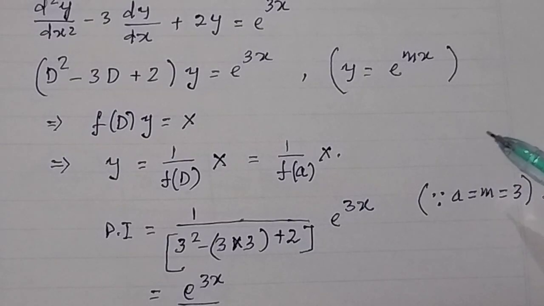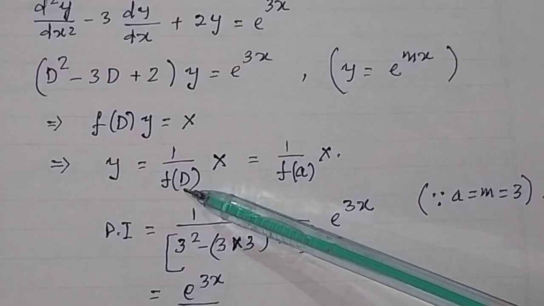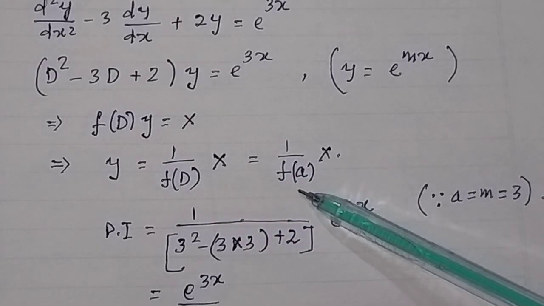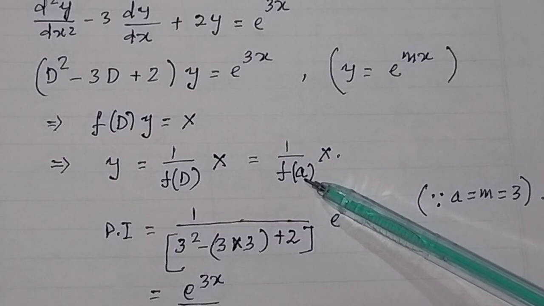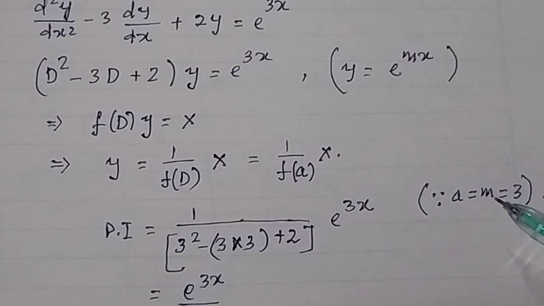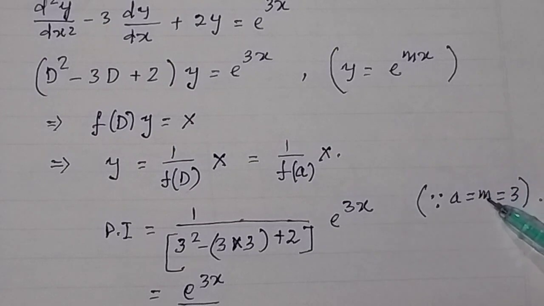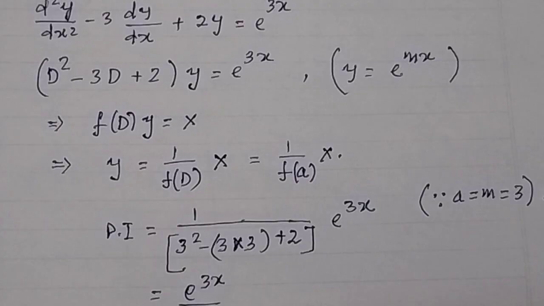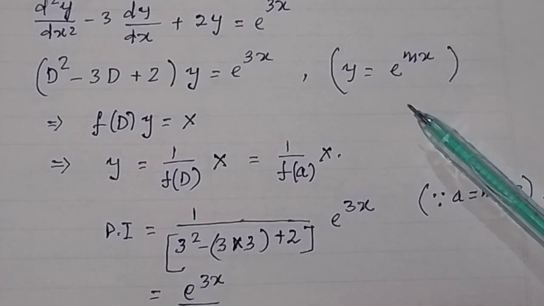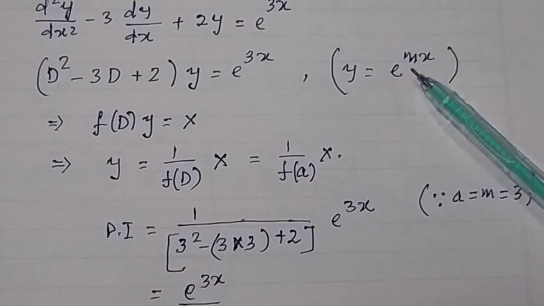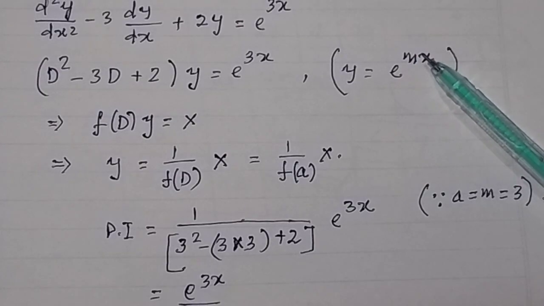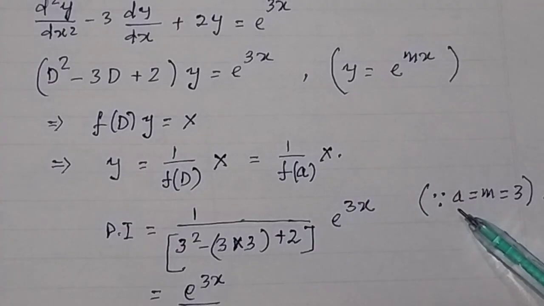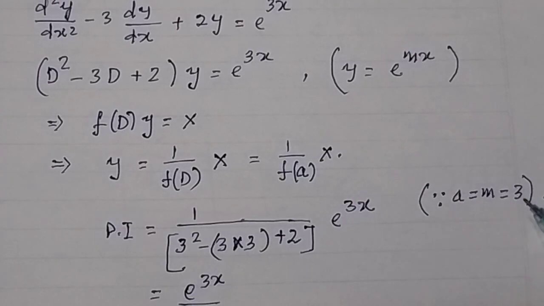Because f(D) is equal to f(a), where a is the root, and here what is the root? The root is m, that is equal to 3. Because the solution we have taken is y equal to e to the power mx, and m is the root of the equation, and here the m value is 3. So here a equals m, which is equal to 3.